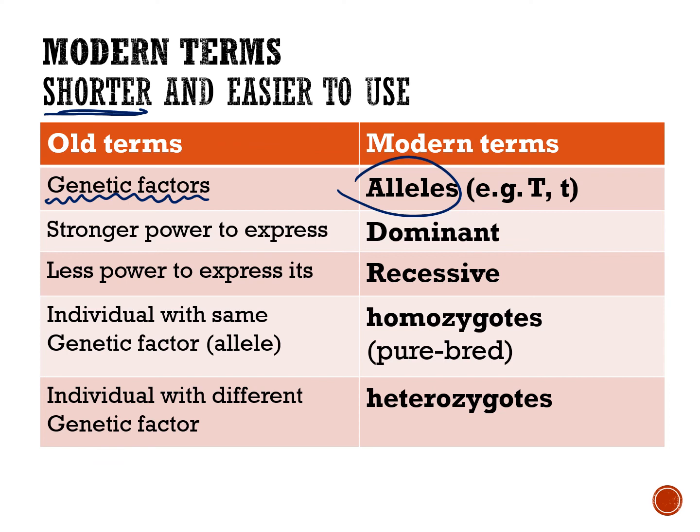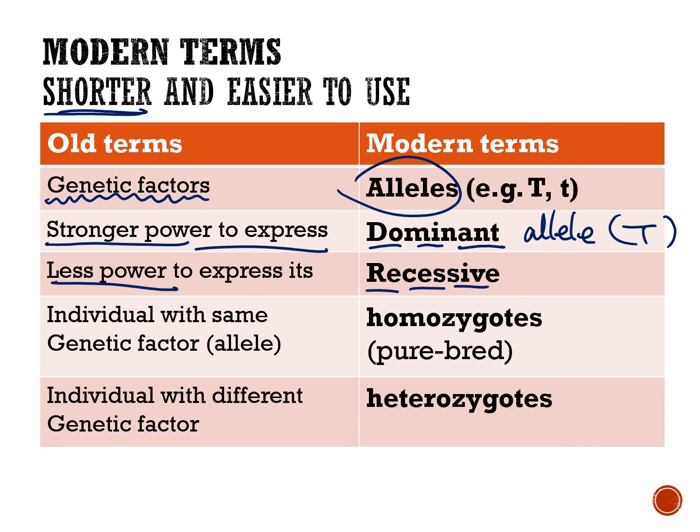The organism has a tall allele and a short allele, etc. When an allele has a stronger power to express, we call it a dominant allele. We use a capital letter, usually big T this time. If it has less power to express, we call it a recessive allele. We use a small letter.